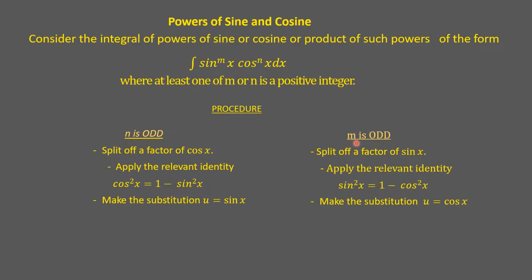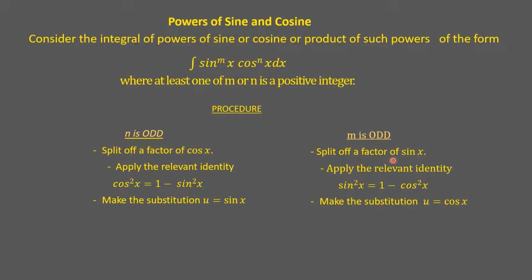Now, if it is the m exponent that is a positive odd integer, meaning it is the exponent of sine x that is a positive odd integer, then it is from this factor that we split off a linear factor of sine x, expressing it as product of sine to the m minus 1x times sine of x, where the exponent m minus 1 is now a positive even integer.